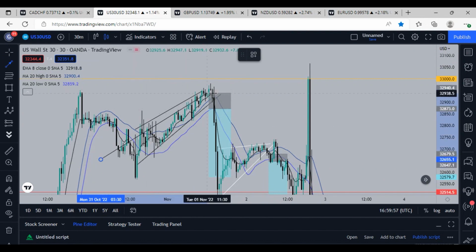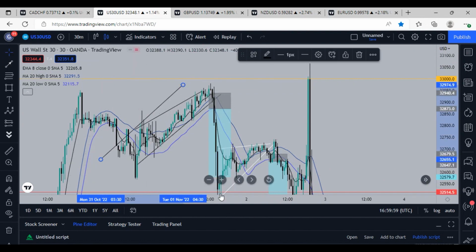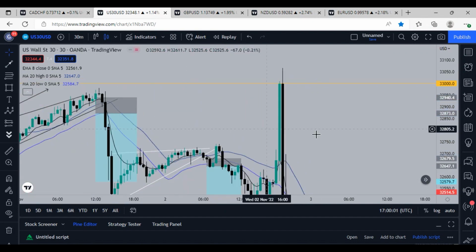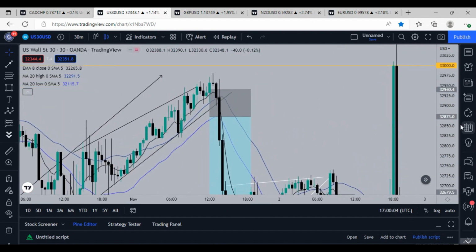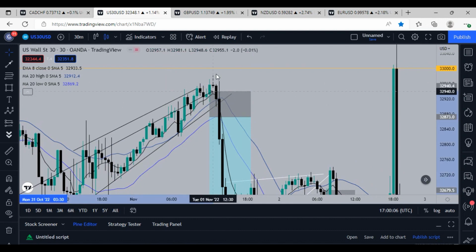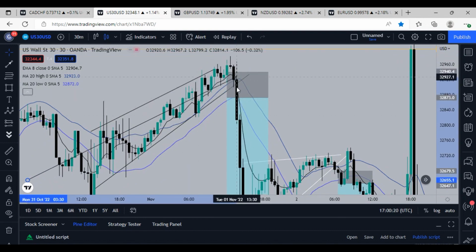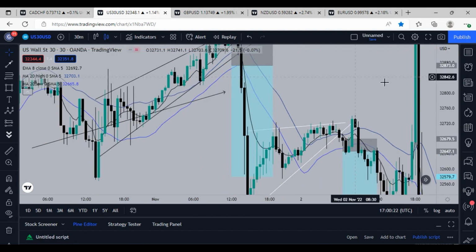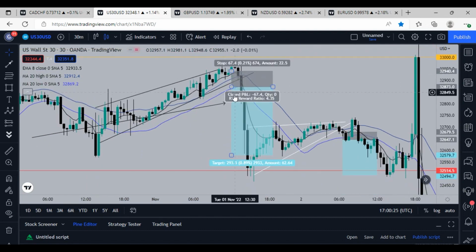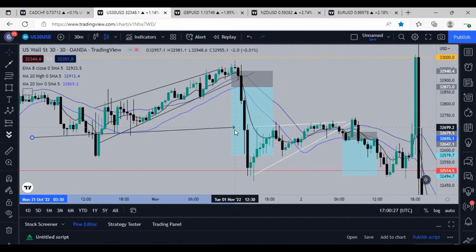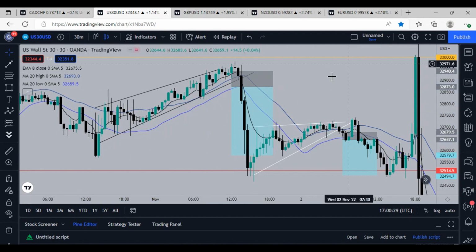And price gave us, if I could just zoom in, a shooting star. And right after that shooting star, price then decided selling all the way down. And then after this breakout of my trend line, that is when I took a selling position and we went all the way to the downside and hit TP there perfectly.